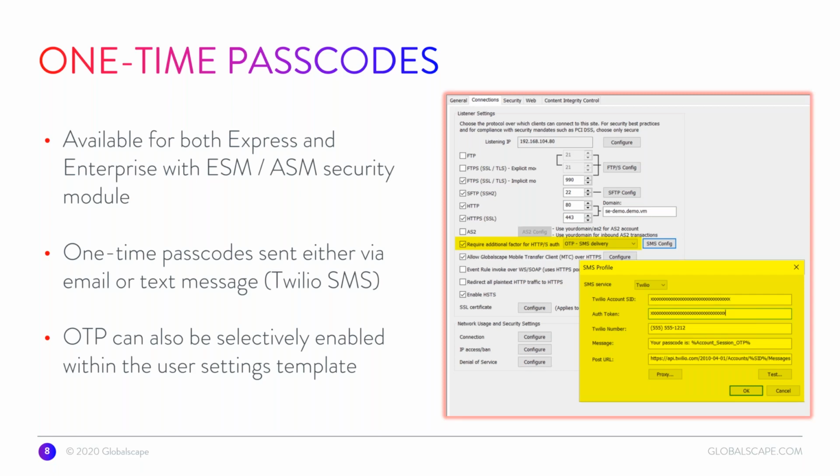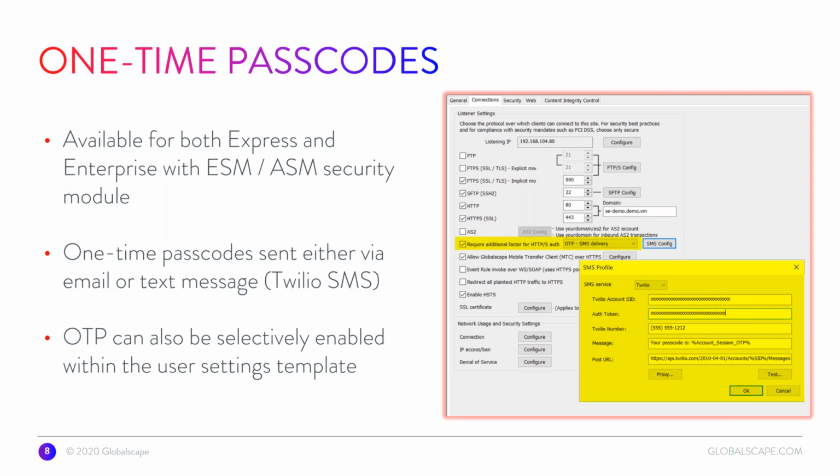The way this works is that EFT generates the one-time passcode and then sends that passcode either via email or text message. If you're going to use text messaging, we have native integration with Twilio SMS.